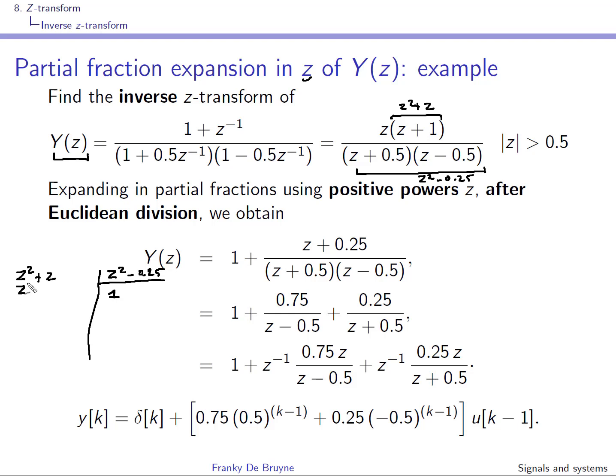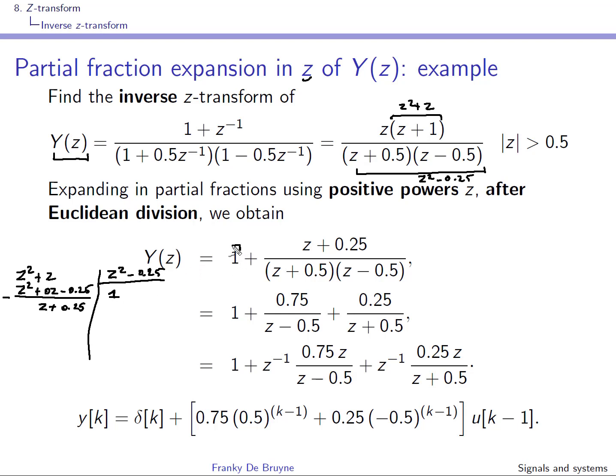So we write z squared plus 0z minus 0.25. We subtract, and we have z plus 0.25. Okay, so you can see that y of z is 1.